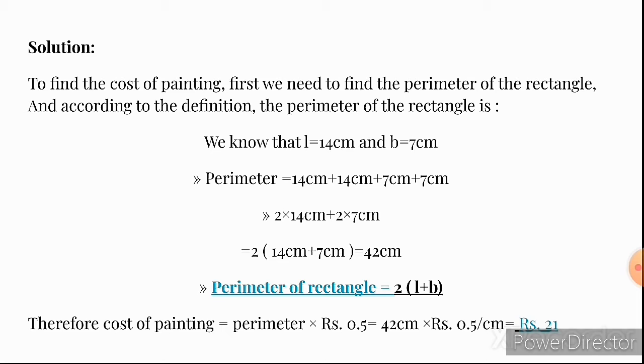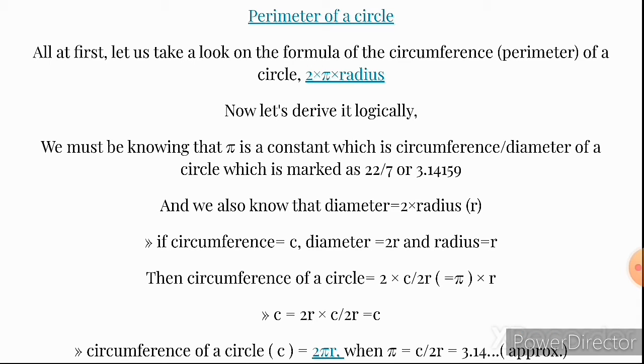Now let's move on to the perimeter of a circle. To derive the perimeter of a circle, let us take a look at the formula for the perimeter or the circumference of a circle.